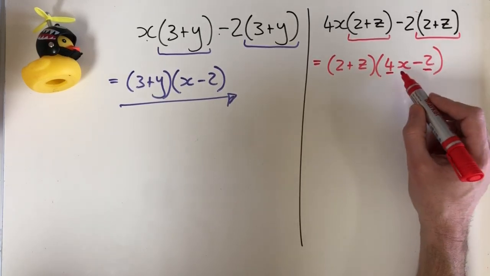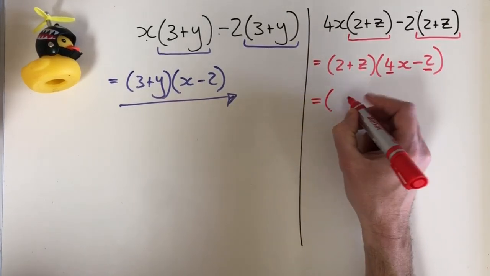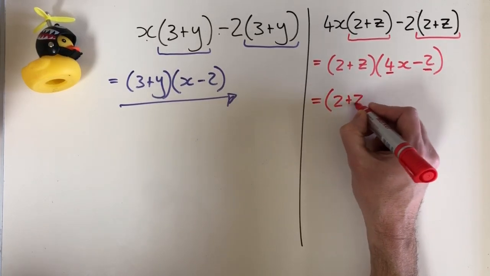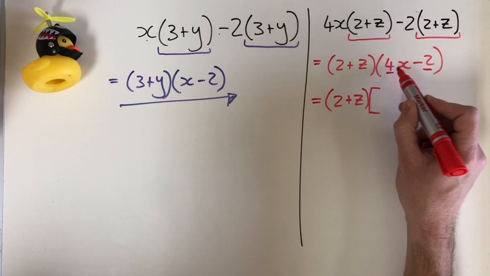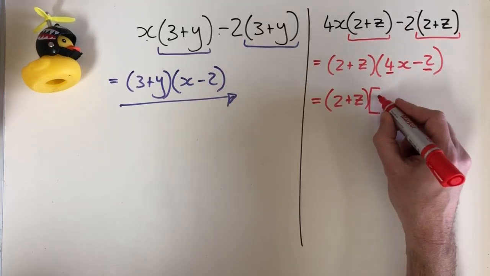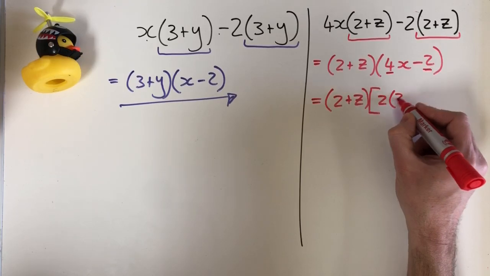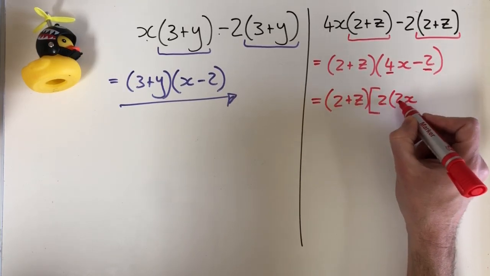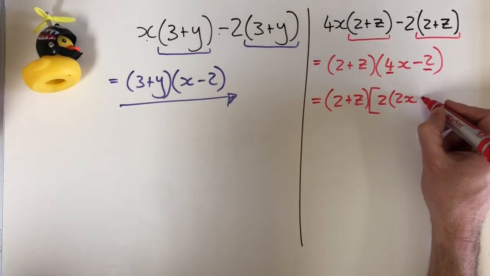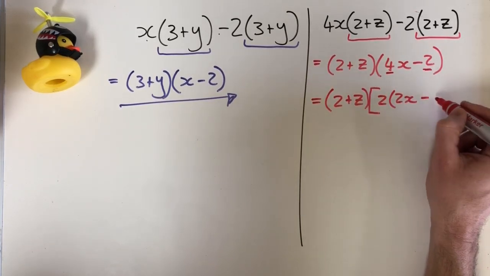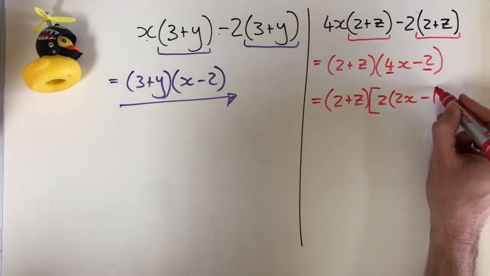So what I have to do is factorize this. Now there's going to be a lot of brackets, so I'll make a big bracket. If I wanted to factorize this, then from the 4 and the 2, a 2 can come out. And then that would be 2x, because 2 times 2 is 4, and the x comes with it. Then I write the negative there, and that has to be a 1, because 2 times 1 will give me 2.